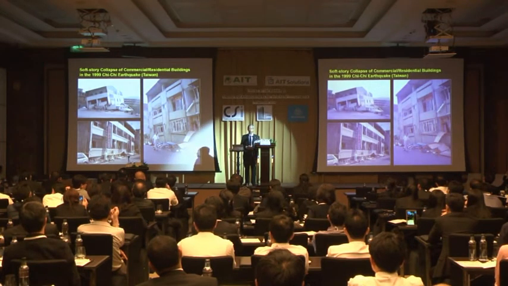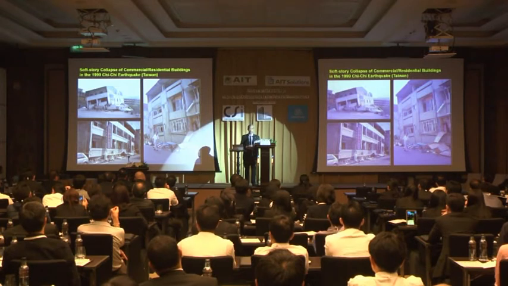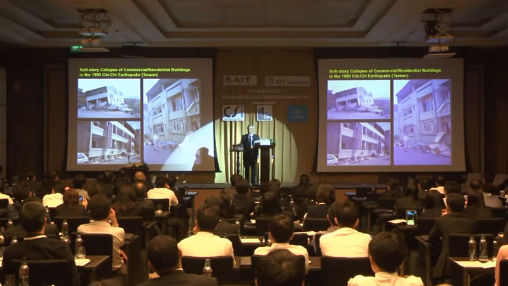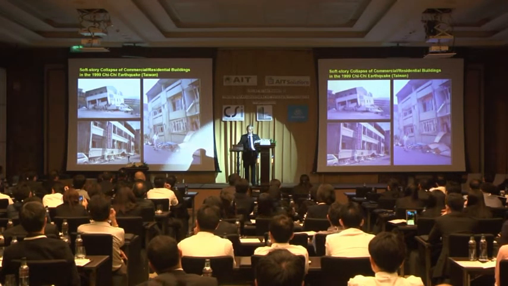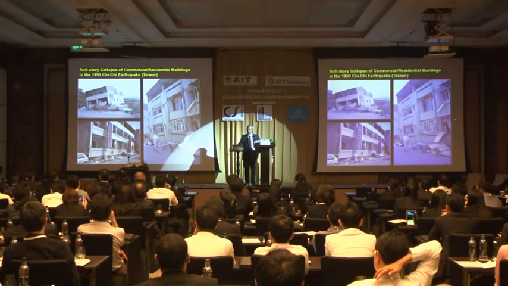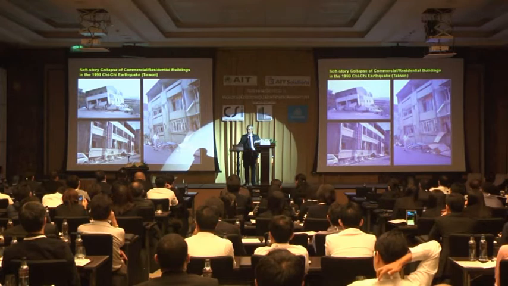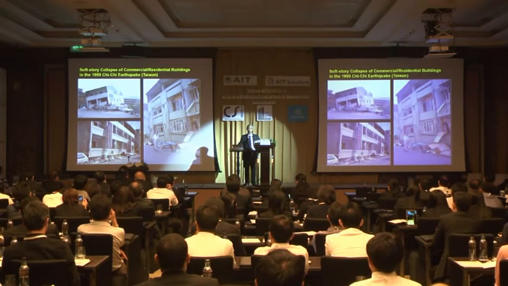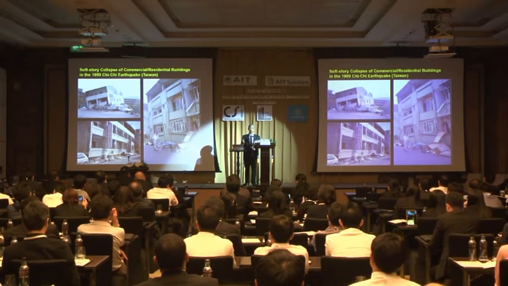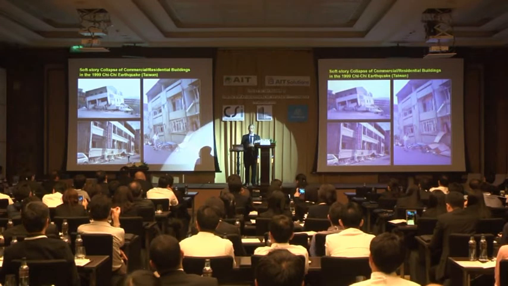This is a picture I took after the Chi-Chi earthquake in Taiwan. The first story collapsed. This one is the second story, the first story is here. Okay, and this one also, this one is second story, the first story is also here. Most people who died during this earthquake are those who slept in the first story.